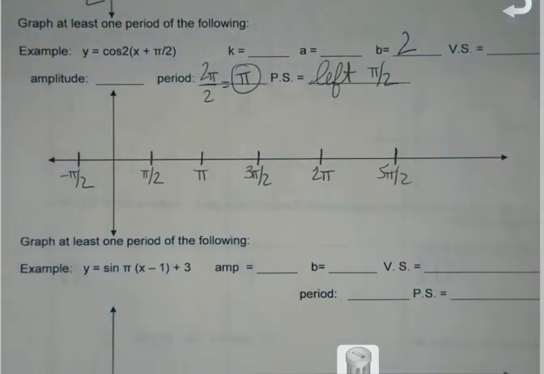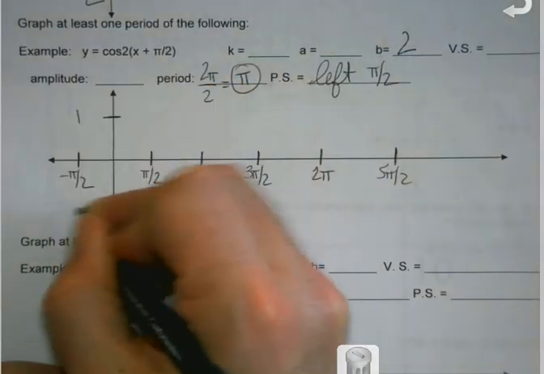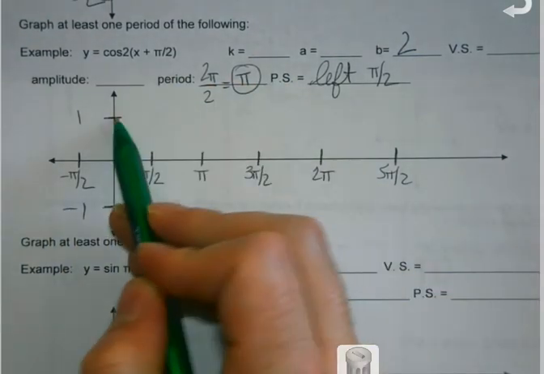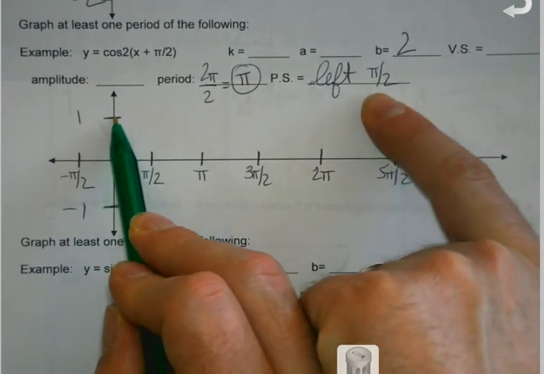So you'd start looking at this and you go, okay, cosine normally starts at 0, 1. So normally we'd start right here, but I had to shift left pi over 2.